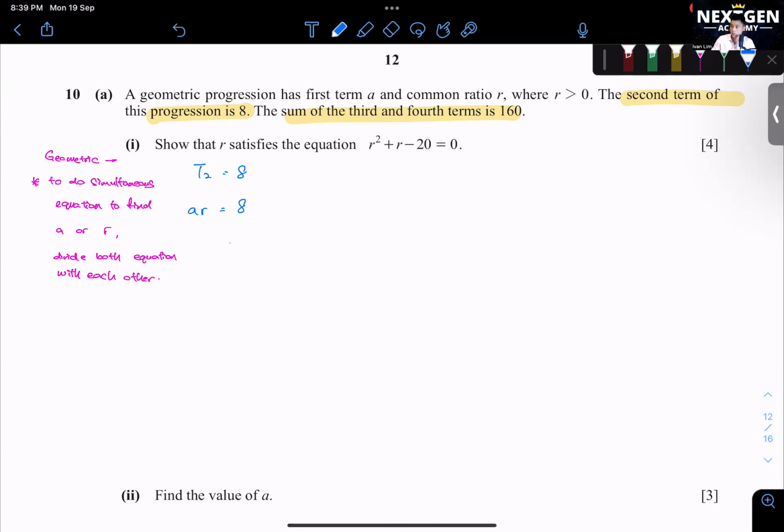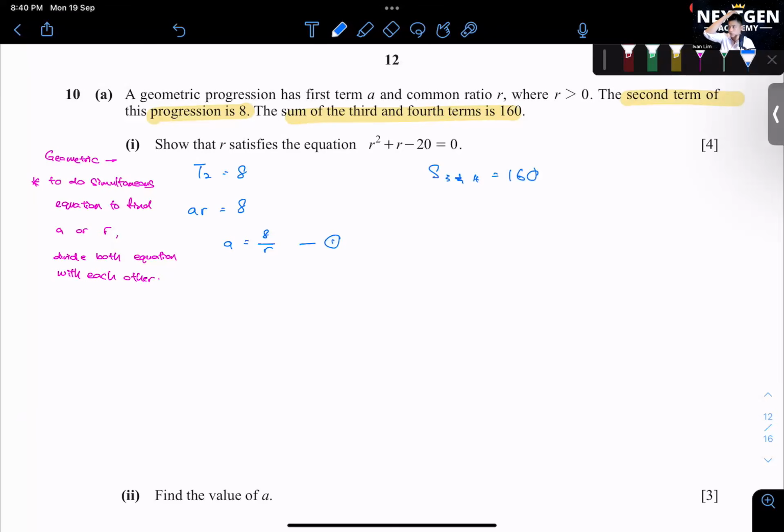Oh wait, sorry for this one because you mix with sum. If they give you both terms, sorry, my bad, this one. First equation, so second equation, sum of 3 and 4.